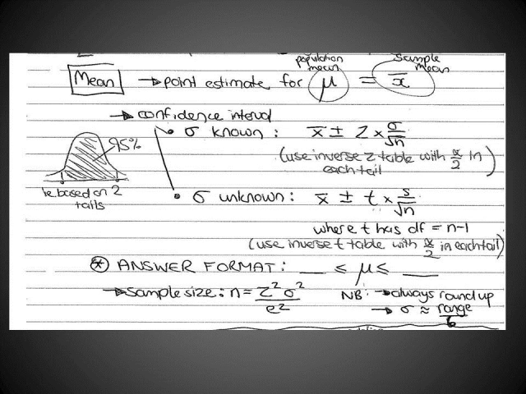Now remember, the T distribution looks a little bit like the normal distribution, in fact a lot like the normal distribution, but it has those fatter tails. Of course, the T distribution involves degrees of freedom, and so the fatness of the tails will depend on that degrees of freedom parameter. It's linked to sample size, so it's sample size minus 1.